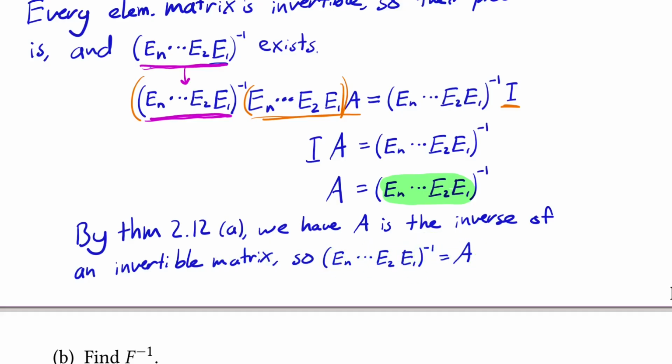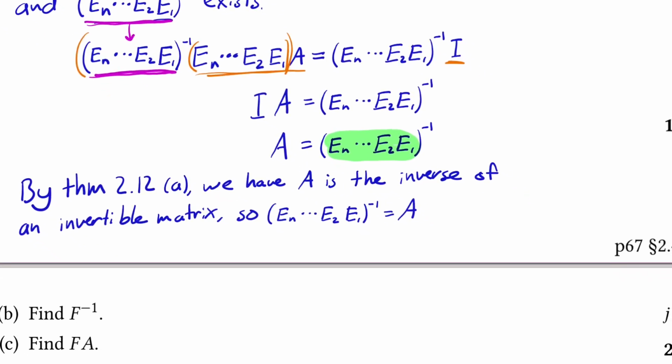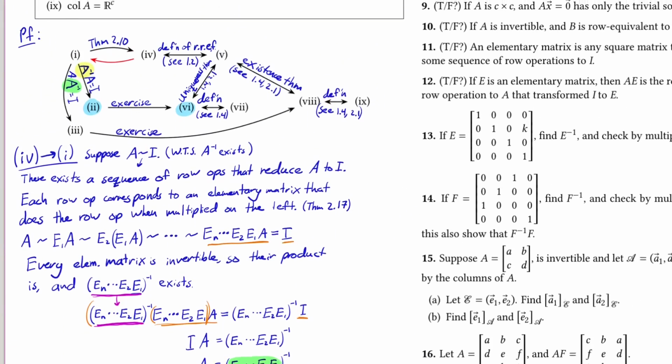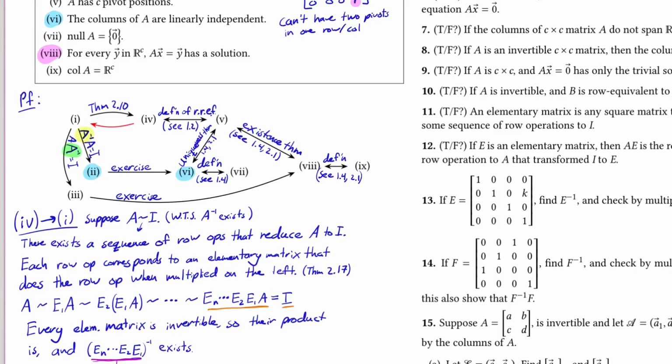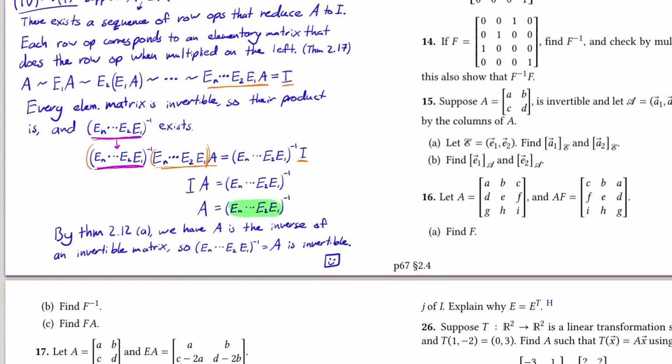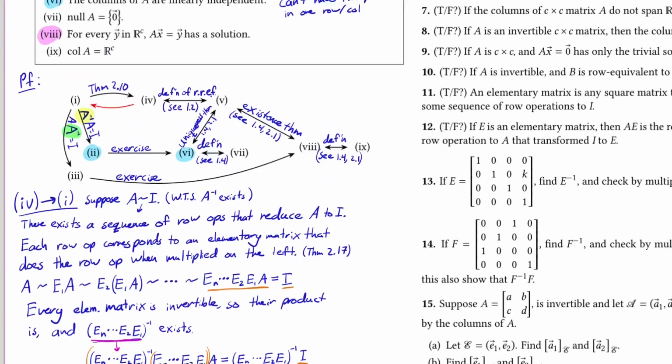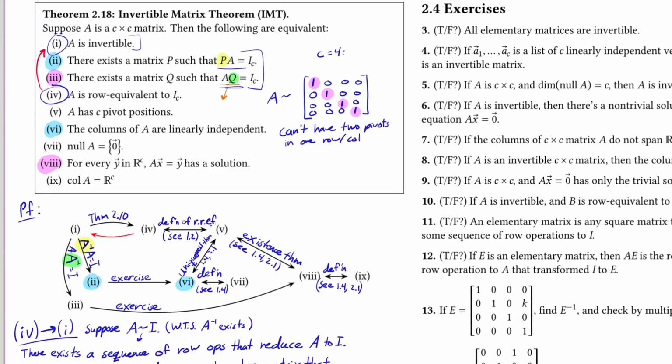So the inverse of an invertible matrix is invertible as well, which is what we wanted to show. We wanted to show that A is invertible. And that is the last piece of the puzzle here. And the invertible matrix theorem is proved, and now you can use it to make all kinds of conclusions about all kinds of stuff.